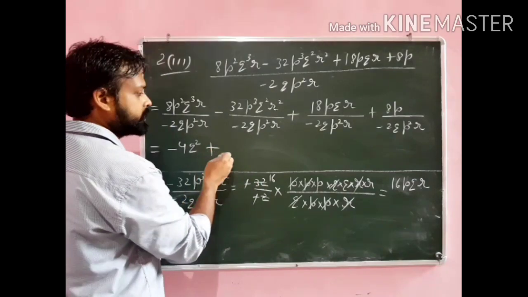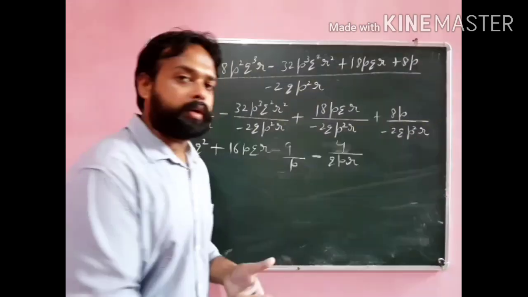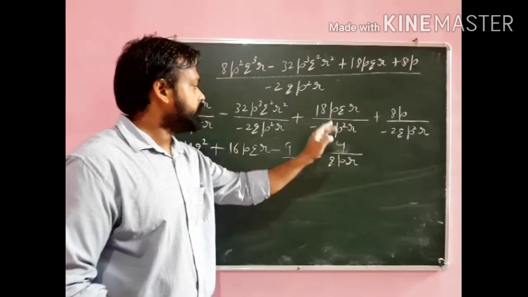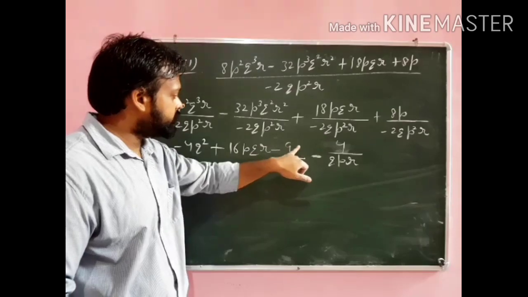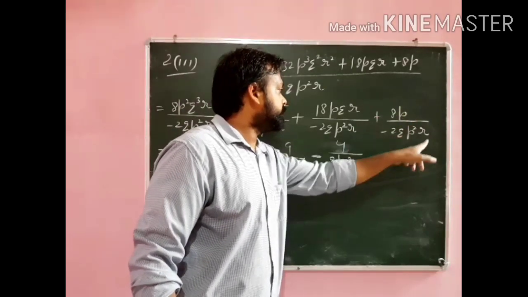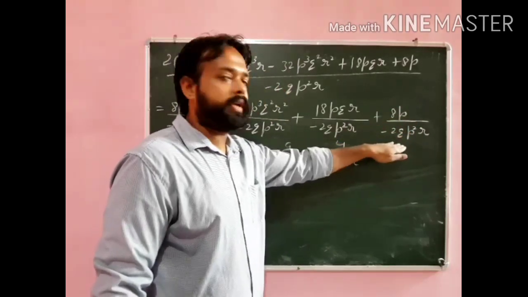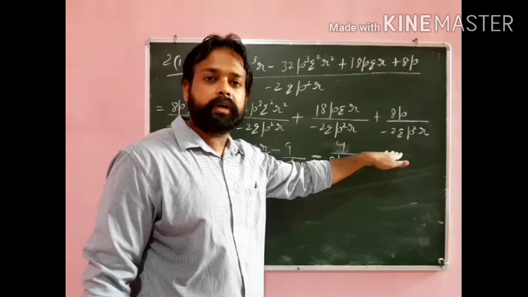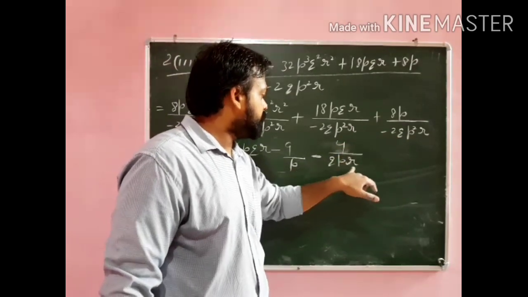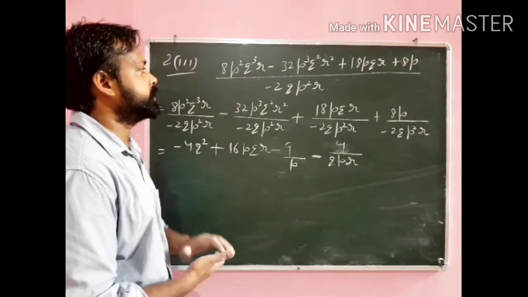So write plus 16pqr. In this way you can also solve this term and you get the answer, minus 9 by p. And by doing the same way you can find the value of this term also, by simply solving it in the rough work, and you get the value minus 4qpr. So this is how we can solve this sum.